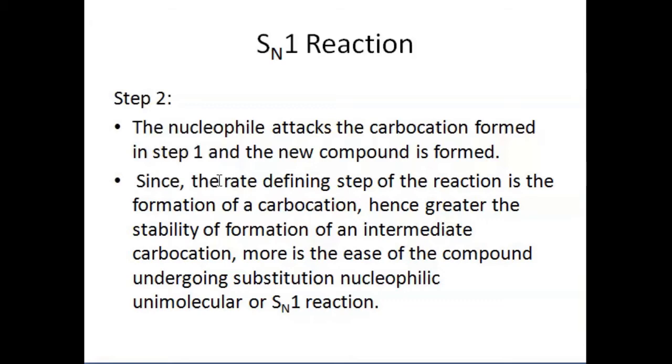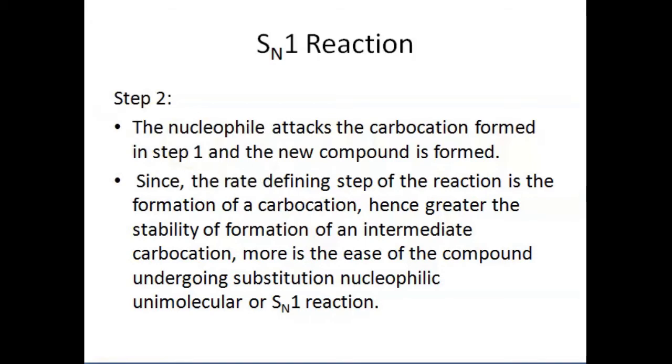The rate determining step of the reaction is the formation of a carbocation. Hence, the greater the stability of the intermediate carbocation, the greater the ease with which the compound undergoes the SN1 reaction.